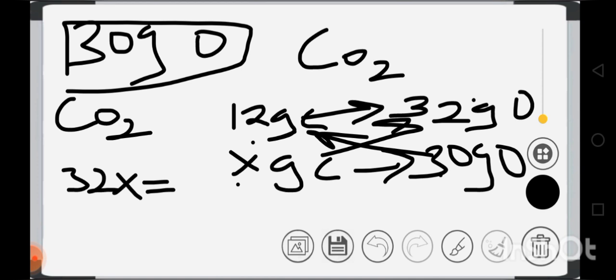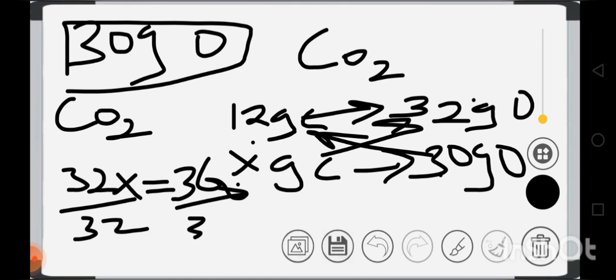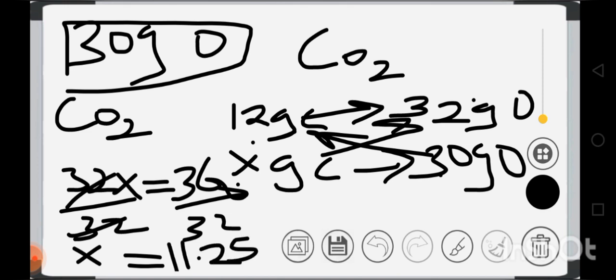It's 360. So let's divide both sides by 32. We cancel this. So X will become 360 divided by 32, and we're going to have 11.25. That's what we're going to have as our answer.